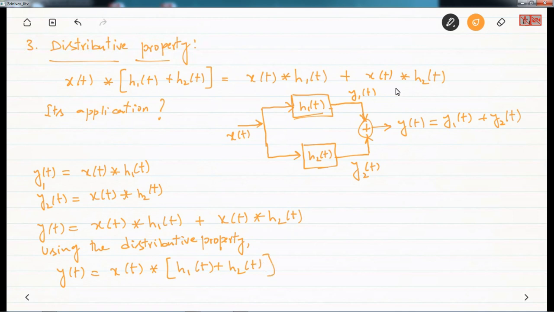That's what we have written here, right? This x of t convolved with h1 of t plus x of t convolved with h2 of t is equivalent to x of t convolved with h1 of t plus h2 of t.